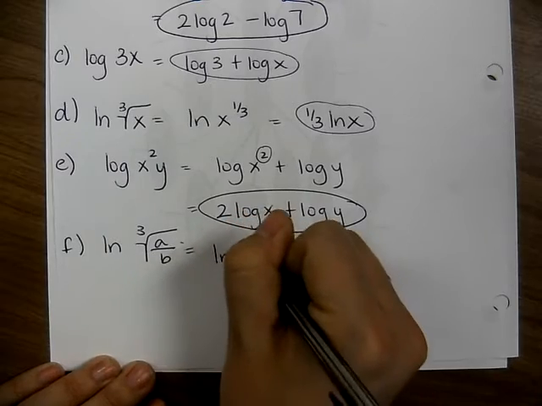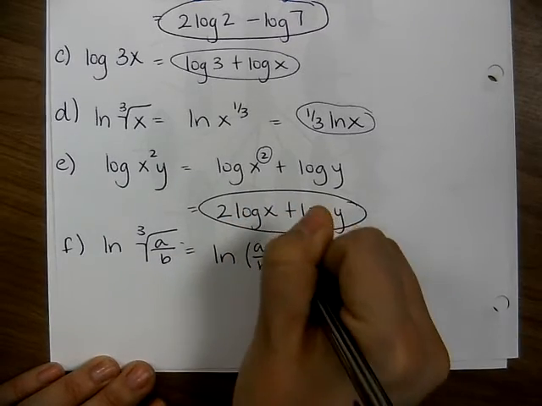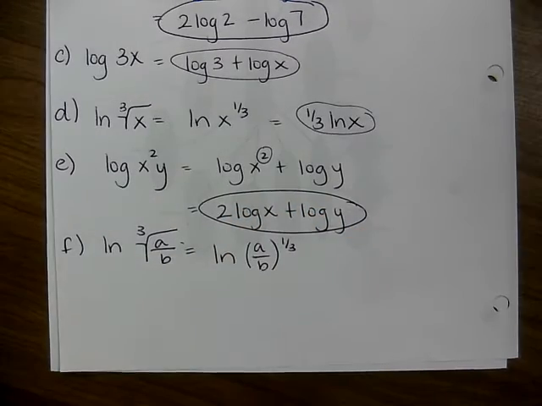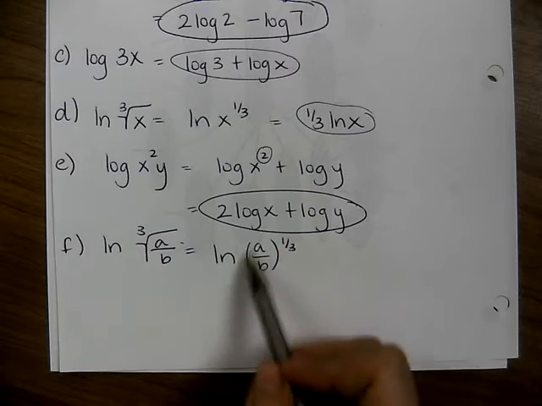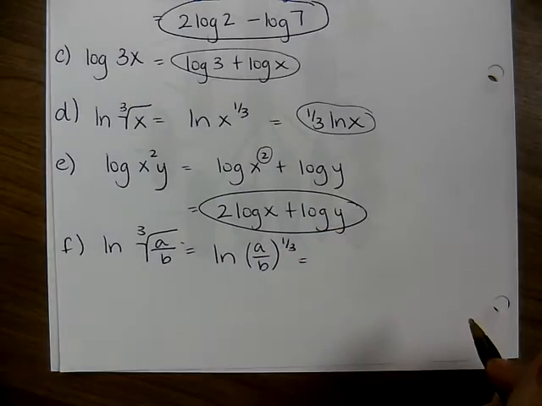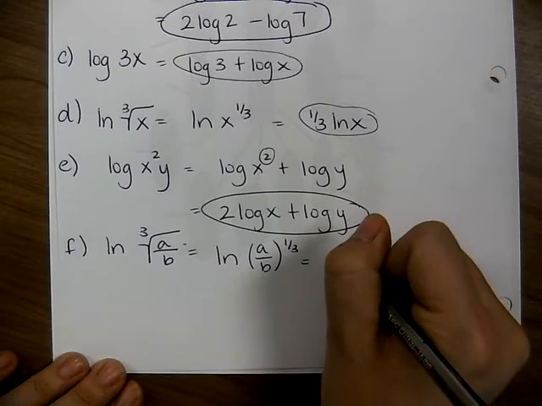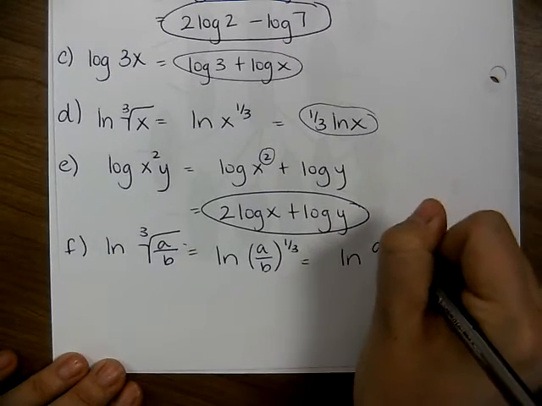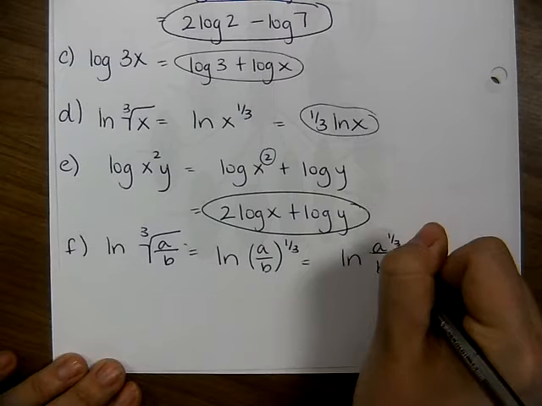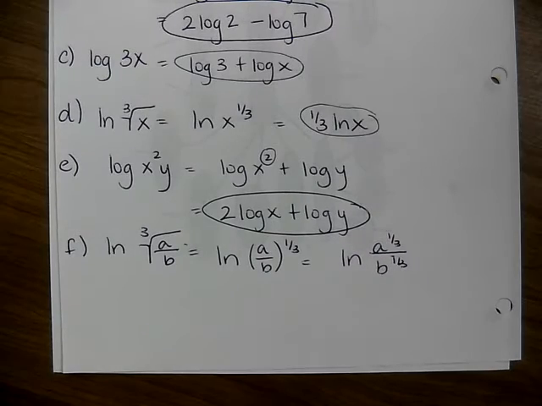So this is really the natural log of a over b all to the 1/3 power, right? So if you have any exponent raised to a fraction, can't you just distribute that exponent to both of those pieces? So you really have the natural log of a to the 1/3 over b to the 1/3, right?